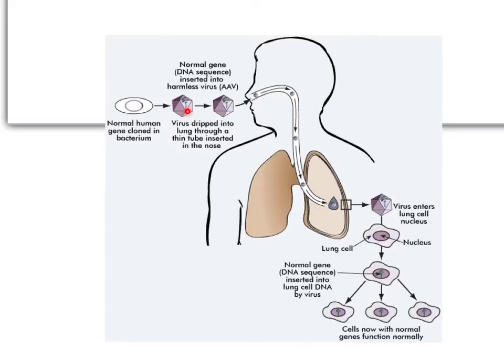Okay, and the virus is then inserted into the lung. Okay, this can be done with aerosols, much in the same way as you use an inhaler for asthma. Okay, an inhaler which would contain a suspension of these viruses which carry a normal dominant allele. Okay, those viruses then infect the cells lining the lung.